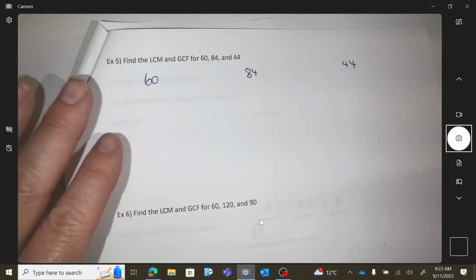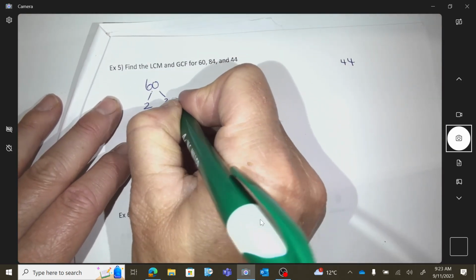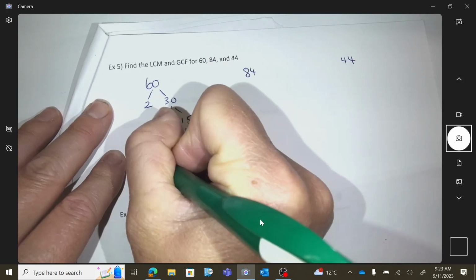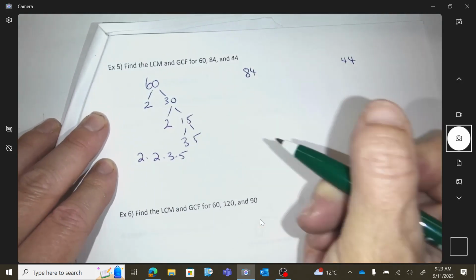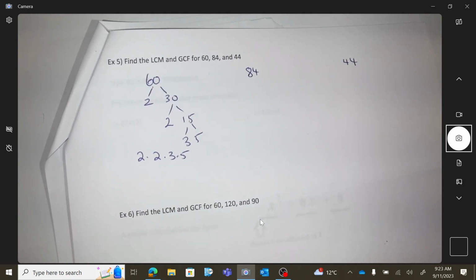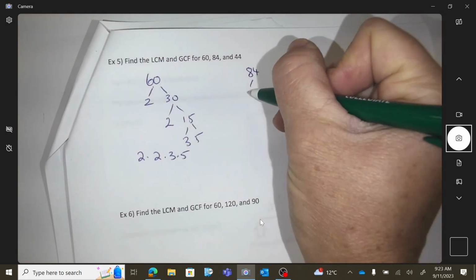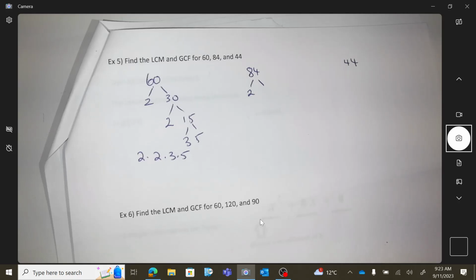Okay, so 60, 84, and 44. We have 3 digits. So 60, I'm going to start with a 2. 30, a 2. So do we have the same when you came to the bottom? 2 times 2 times 3 and 5. Okay, 84, 2 I'm going to start with because it's even.